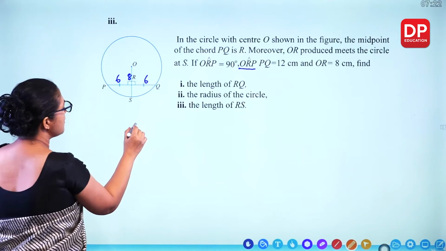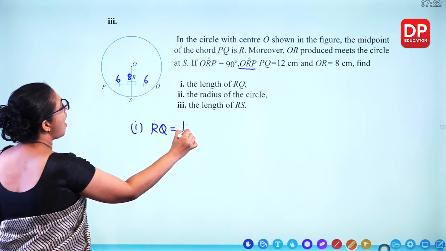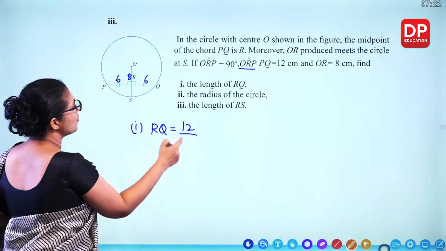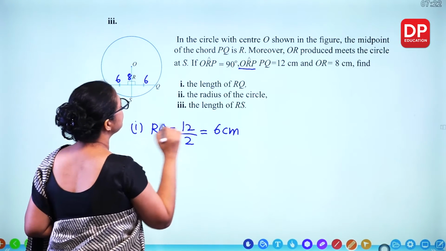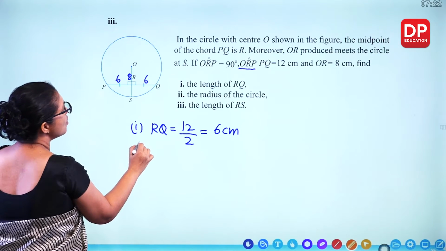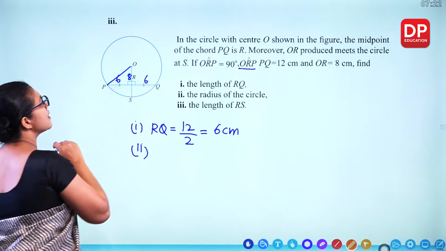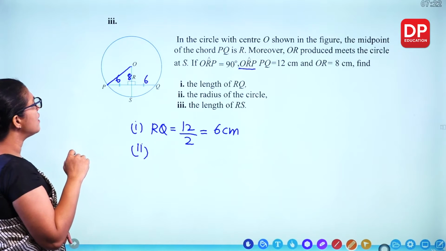Okay, so straight away you can write RQ. RQ is half of PQ. So 12 divided by 2, that's 6 centimeters. Part 2, the radius of the circle. So radius is this, OP. Can you see this is a right angle triangle, OPR.